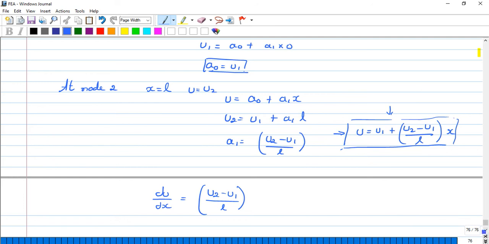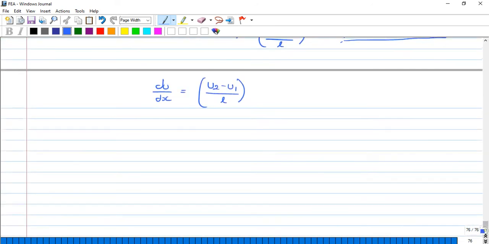Then the potential energy functional is equal to AE by 2 integration 0 to L, actually it was (dU/dx) whole square, so let me represent ((u2 minus u1) by L) whole square, into dx, minus F1 u1 minus F2 u2, and we shall integrate the same. (u2 minus u1) by L is a constant, so I will take this outside.